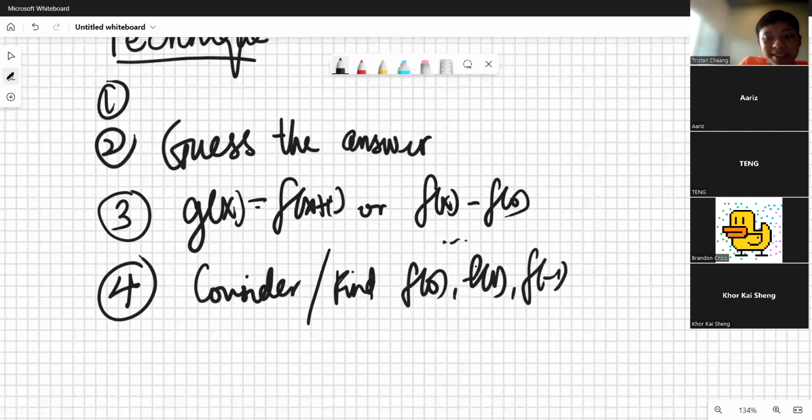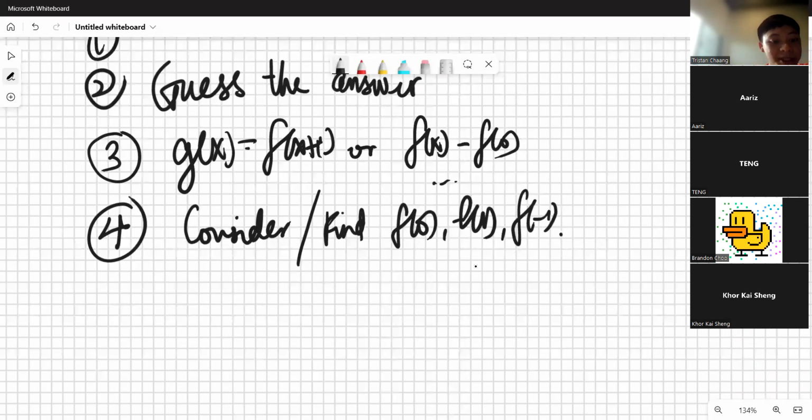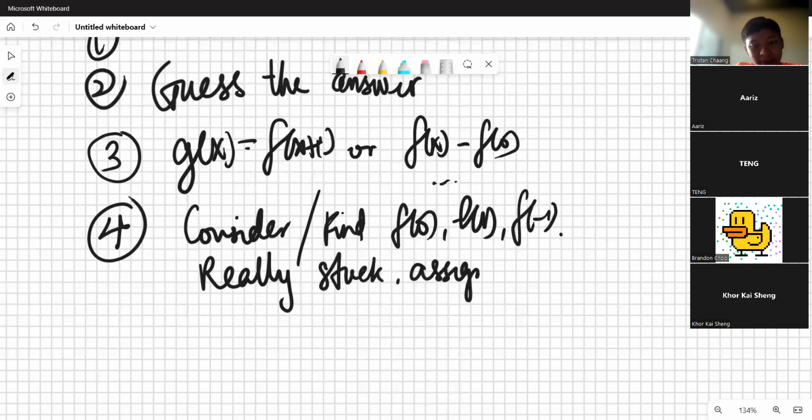And when you're really stuck, remember what we did in the vector space concept just now for the Cauchy equation. If you're really stuck, assign some fixed number to them, and see whether you can solve for that fixed constant at the end.